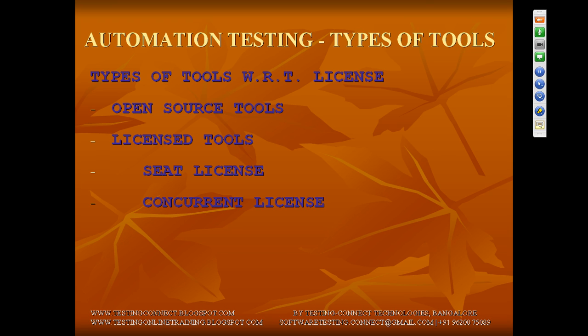Most companies prefer to go for concurrent licenses. Each concurrent license costs around 5 to 10 lakhs, depending on the technology you are automating. I'm talking about Indian rupees. So these are the types of tools with respect to license.